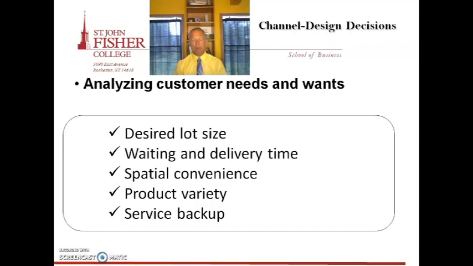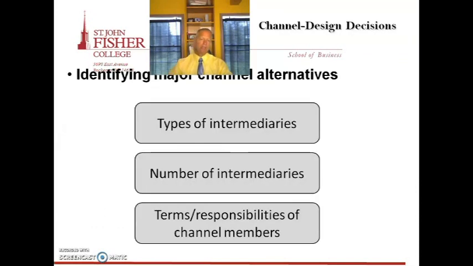A lot of times when you buy something online from Best Buy, let's say, they say don't return that to Best Buy, return it right to the manufacturer. So a lot of times all of those come into play when you're going to talk about who's going to be your intermediary, how many intermediaries you're going to have, etc. So identifying major channel alternatives, your types of intermediary, your number of intermediaries, all depends on your product.